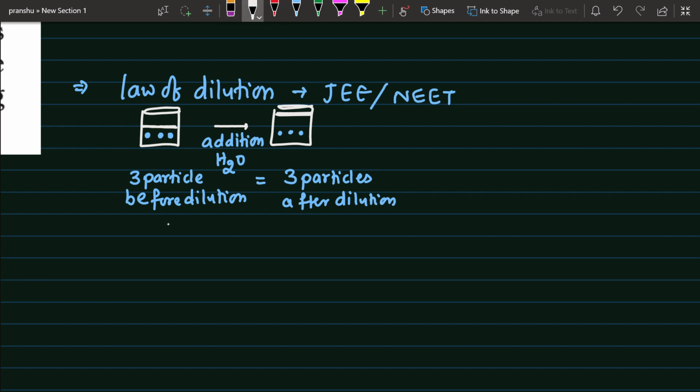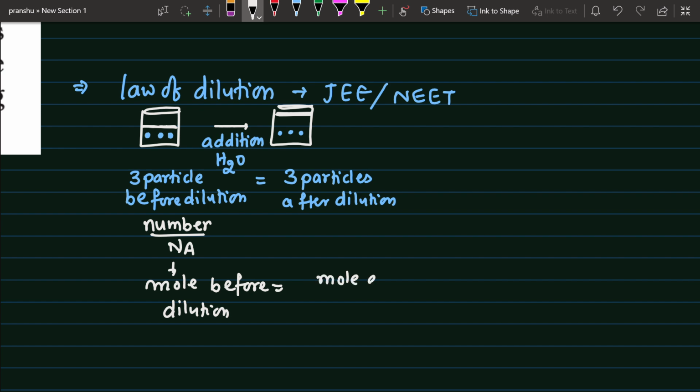So if any number is divided by Avogadro number, then we can say mole. Mole before dilution is equal to mole after dilution. And as we know, molarity is equal to moles upon volume.